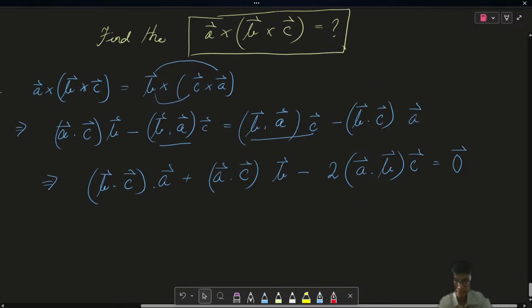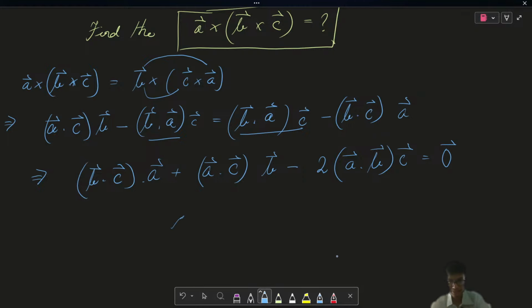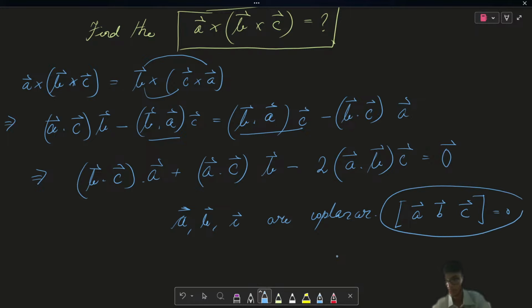So from here, if this particular vector is equal to 0 vector, then by our understanding of linear independence, we have also seen that these three vectors, A vector, B vector and C vector, are coplanar, because we have this relation, that the box product of A, B and C is equal to 0, which means that they are coplanar vectors.